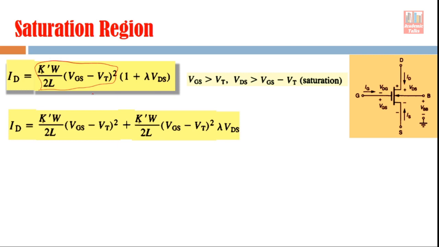That way we open this bracket and we get this expanded form of the equation. When this whole part was multiplied by 1, we got this particular component, and when it was multiplied by lambda into VDS, we got this second component, and this plus sign is here because of the plus sign. So that way we have the simplified and expanded form of drain current in the saturation region. Now in order to go to the equivalent circuit, let's recall this equation.